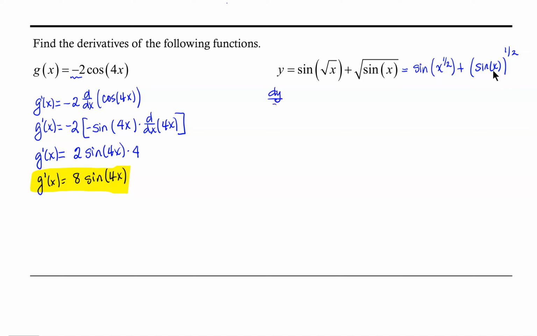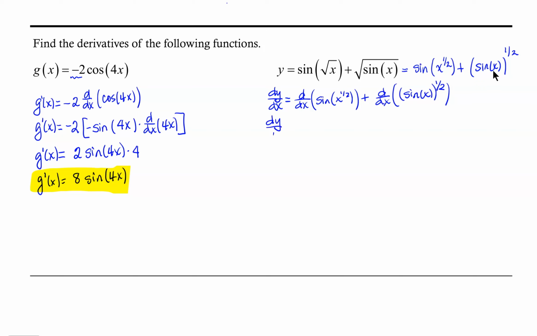So dy dx is equal to the derivative of sine of x to the 1/2 power plus the derivative with respect to x of the 1/2 power, or the square root of sine of x. So sine of the quantity x to the 1/2 power. Now let's go ahead and apply the chain rule to find the derivative of those two terms.